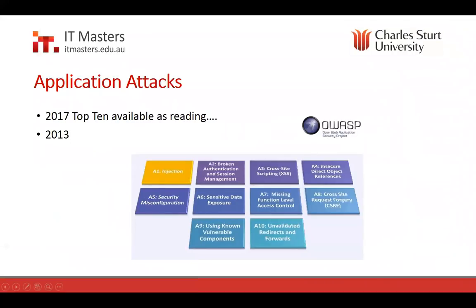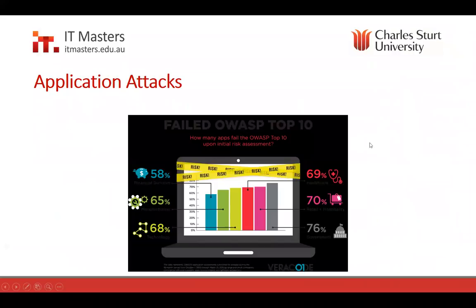Okay. All right, so this is probably a little bit dark, but it was a good slide at the time. What we want to get out of this is where these attacks occur, in which applications or which systems they occur. 76% of attacks in the top 10 occur against government organisations. 70% against retail.